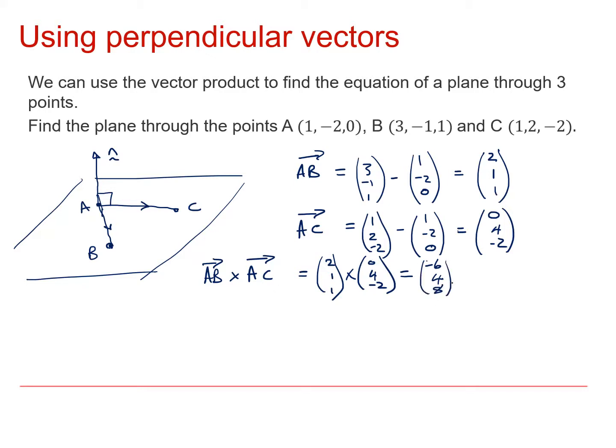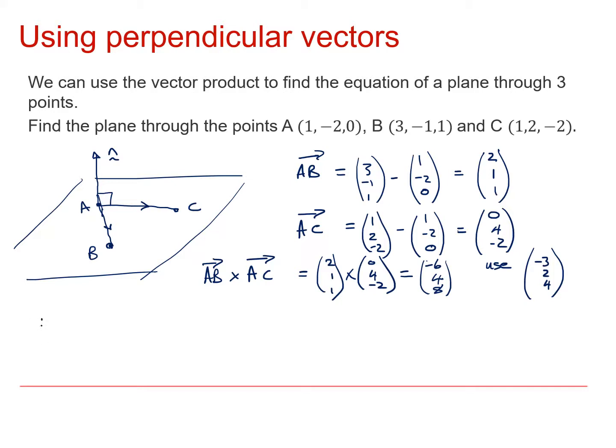So that's my cross product. But I could use (minus 3, 2, 4), which is parallel to that and would still be a normal vector of the plane. And it's a good idea to effectively cancel this down as much as you can so that you get the simplest version of the normal vector.